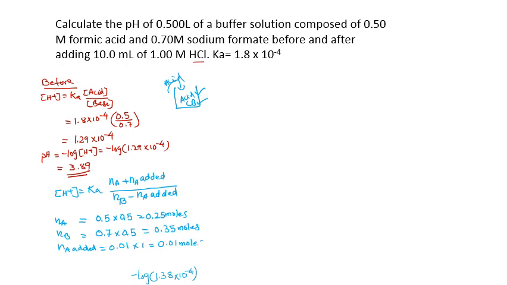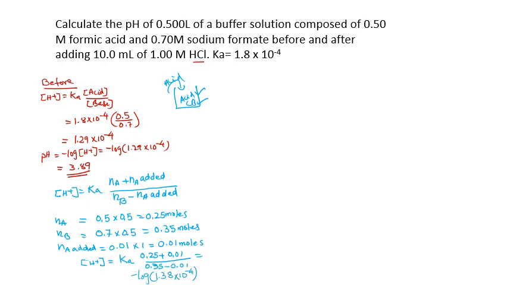So I converted everything into moles. I just have to substitute now. Concentration of hydrogen ion equals Ka, the same formula, right? The number of moles of acid is 0.25 plus the invader 0.01, divided by base, which is 0.35. I had to subtract 0.01.